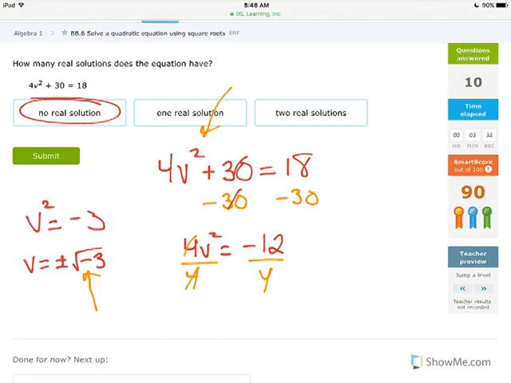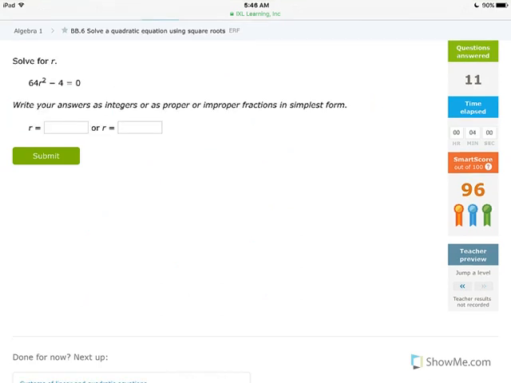And here's one more. This one's a little different because you end up with a fraction for an answer, which is fine. The numbers are not always going to be nice, neat integers. So if we have 64 r squared minus 4 equals 0, we need to get r squared by itself first. So we're going to add 4 to both sides. So your 4's will cancel.